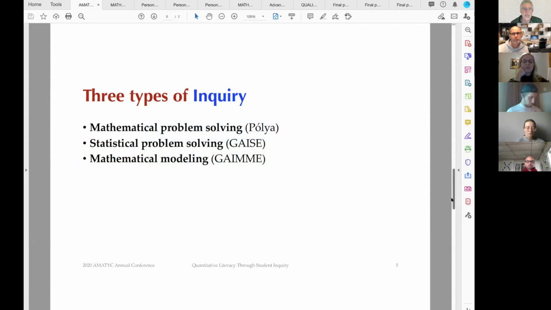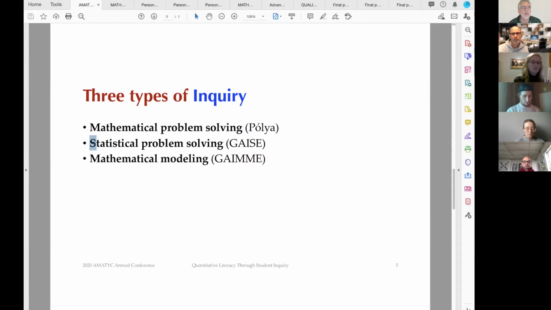So there are 3 types of inquiry in the quantitative reasoning course that we have at Ohio University. We start off with traditional problem solving, where the problem is well stated and the students just need to come up with strategies for finding the answers.